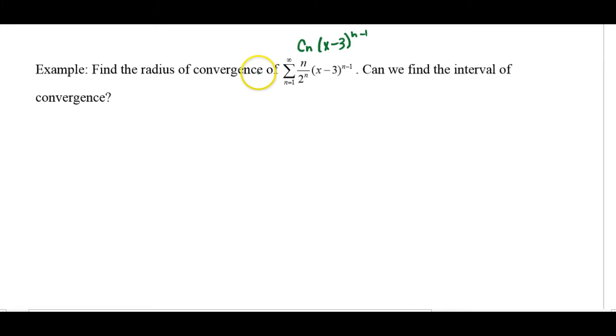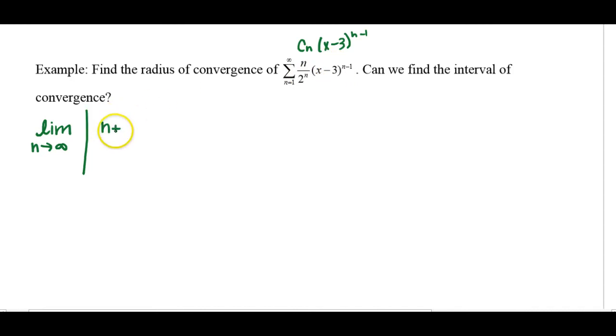To find the radius of convergence, I want to try to find the interval of convergence, and we'll see what happens. This isn't geometric, so I have to apply the ratio test, and it's going to get really long and a little ugly, so we want to stay as neat as possible. The ratio test says the limit as n approaches infinity of the absolute value of a sub n plus 1. Everywhere I see an n in this general term, I'm going to put an n plus 1.